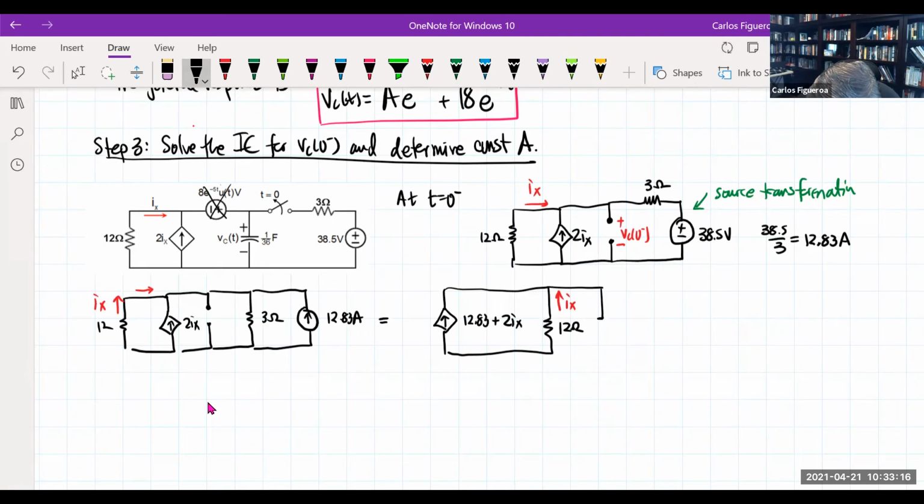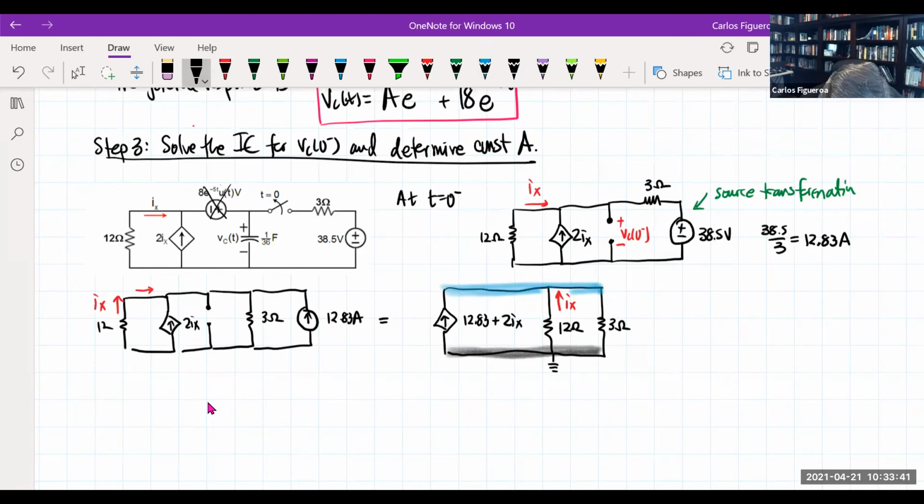So then what do I have? I have another resistor, which is our 3 ohm. And note that for the node voltage in this case, you could imagine that I'm going to make this my ground. So you could see that here's my ground right here. And then up here, I have my voltage VC.